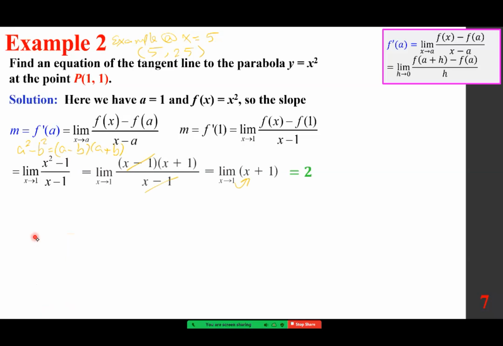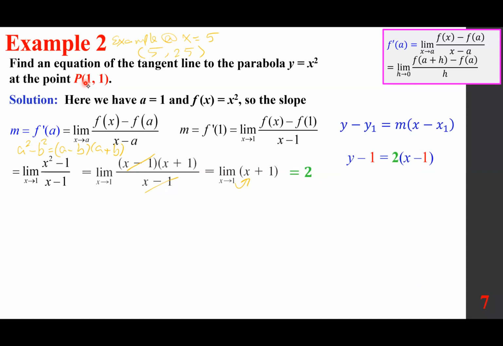All right, so we got the slope. y minus y1 equals m times x minus x sub 1. So y minus 1 equals 2 times x minus 1. Just plug in, elementary algebra, to find the equation of a tangent line. You don't have to memorize the other formula that I showed you, which is y minus f of a equals f prime of a times x minus a.